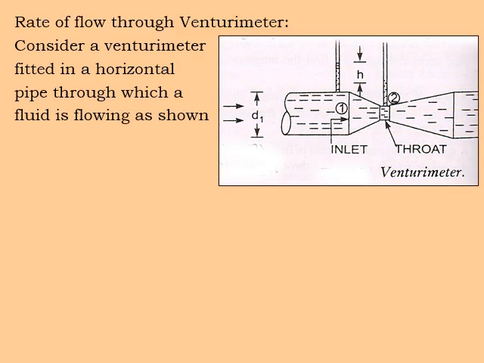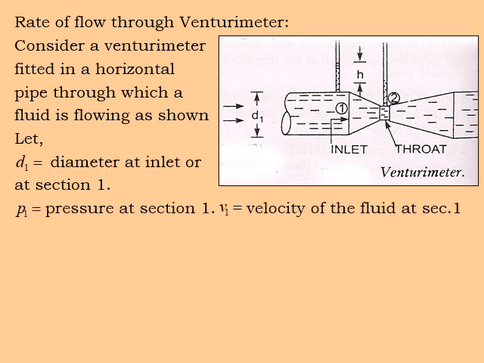Now consider a venturimeter fitted in a horizontal pipe through which the fluid is flowing, as shown in the figure. The diameter of the pipe is D1, the diameter at inlet or section 1. P1 is the pressure at section 1.